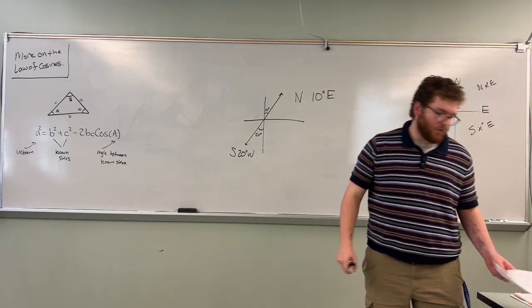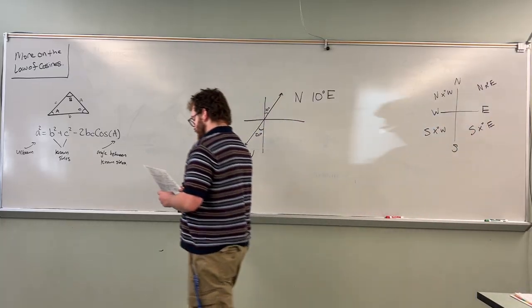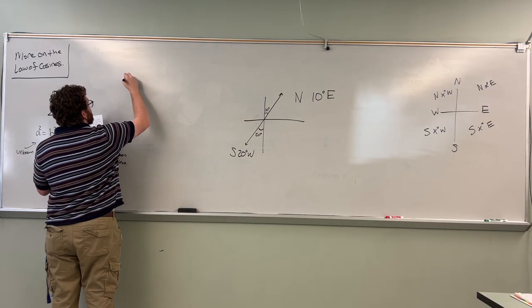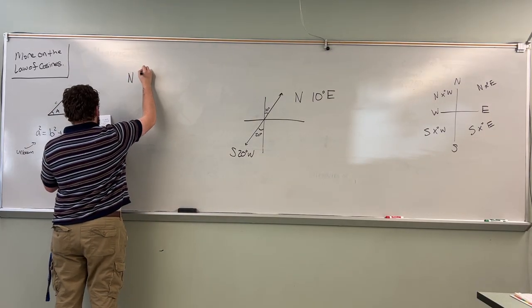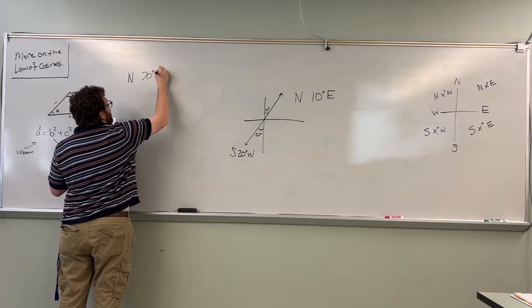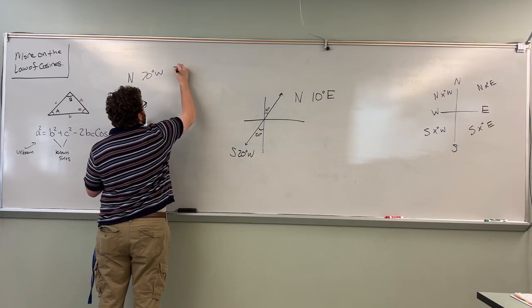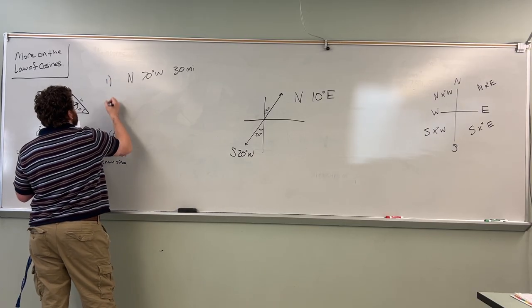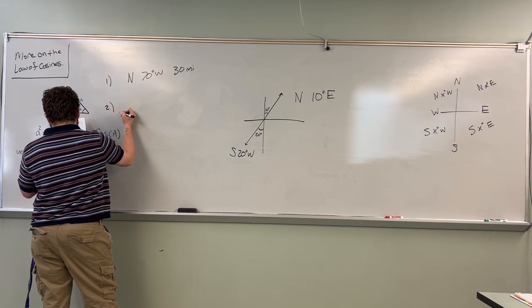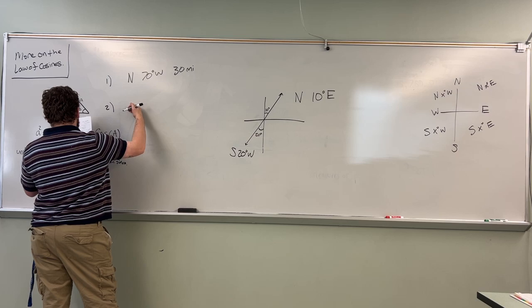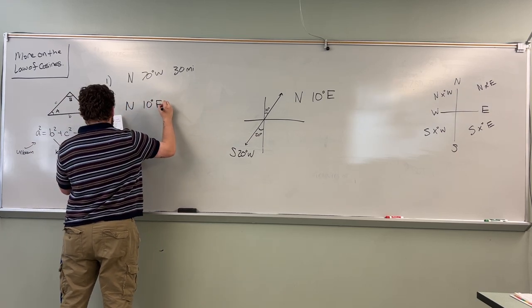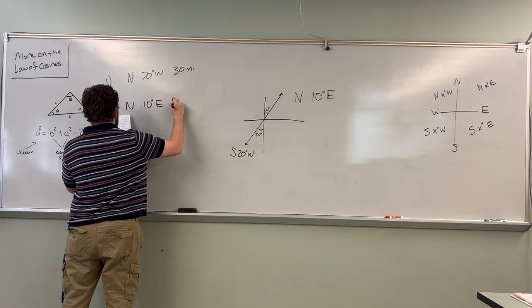So the problem that I have for y'all is we're heading north 70 degrees west for 30 miles. That's our first trip. Our second trip, on top of that, is then we go north 10 degrees east for 50 miles.